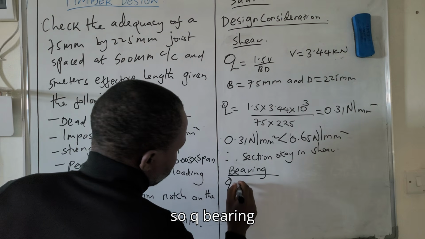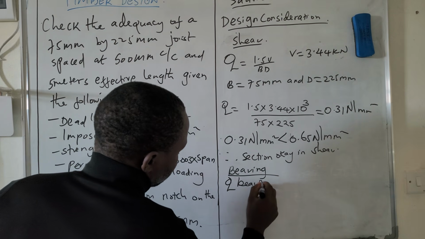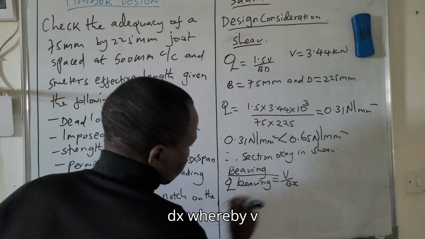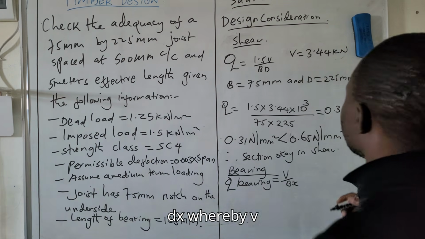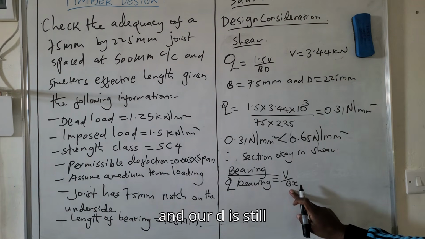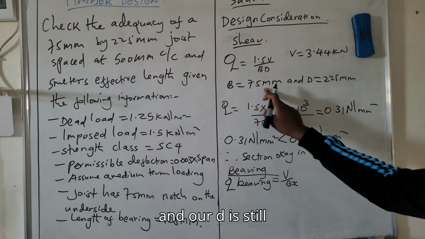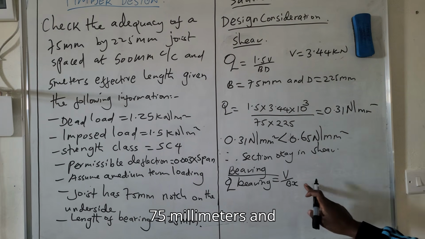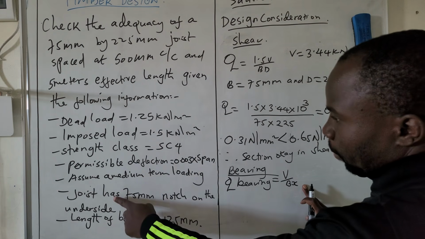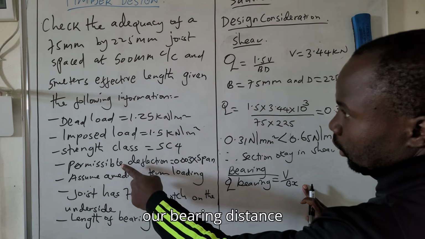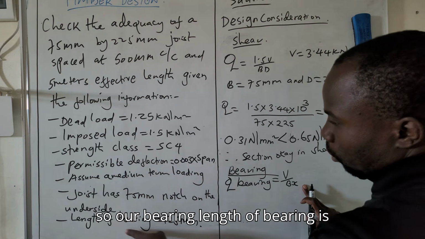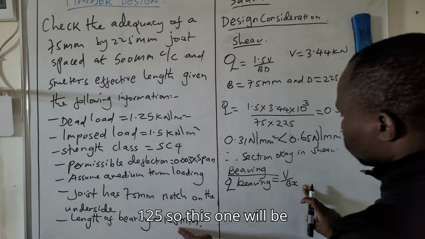So Q bearing is equal to V over Bx, whereby V is this 3.44 kilonewton and our B is still 75 millimeters, and X is our bearing distance. So our length of bearing is 125.